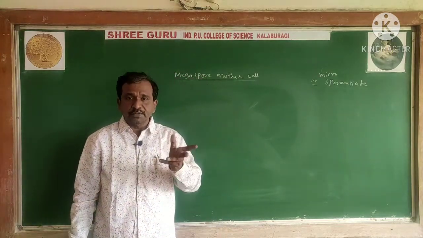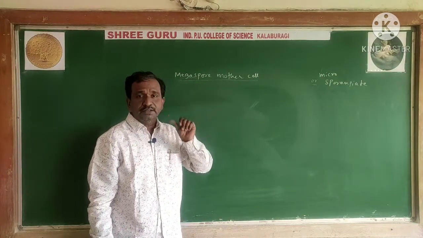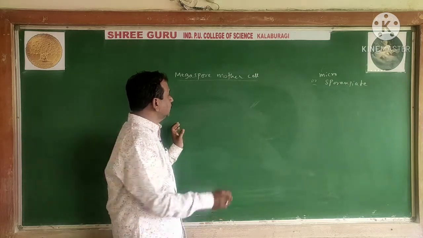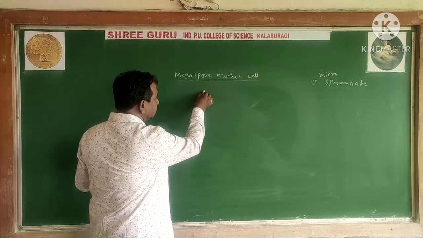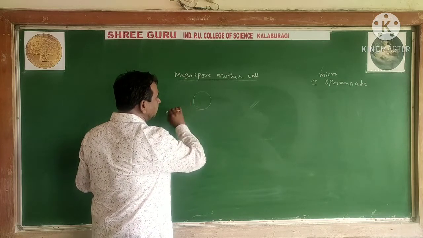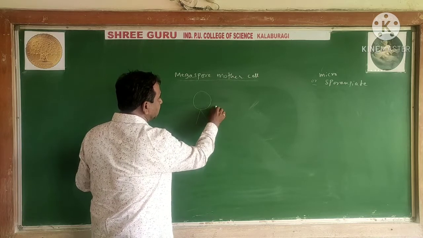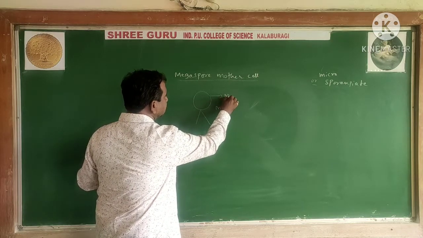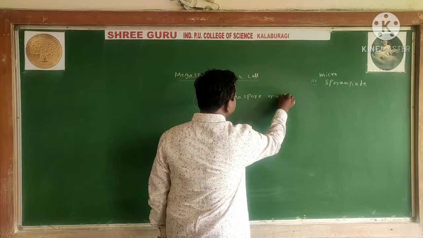Now however we are saying it as an embryo sac, so we call it megaspore mother cell. This is the female plant we were looking at. The megaspore mother cell normally divides meiotically.